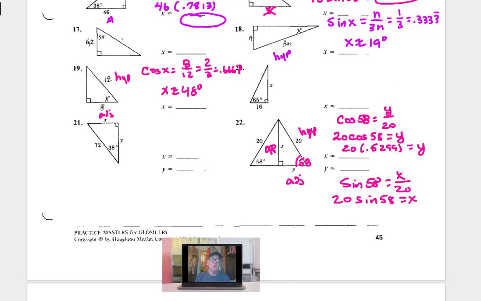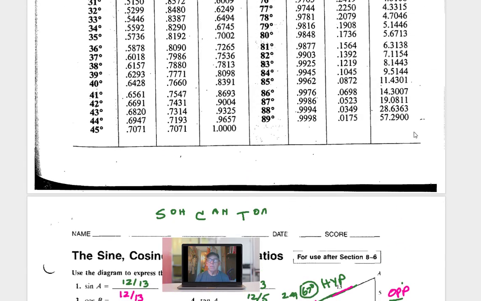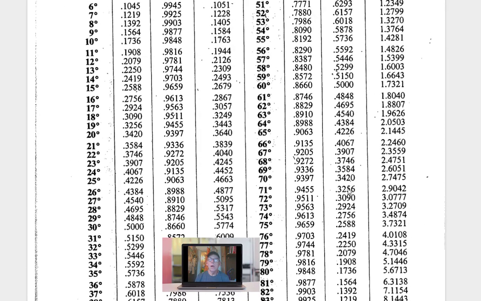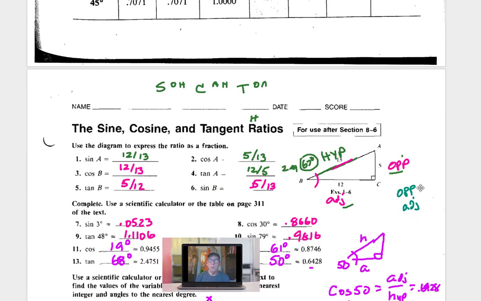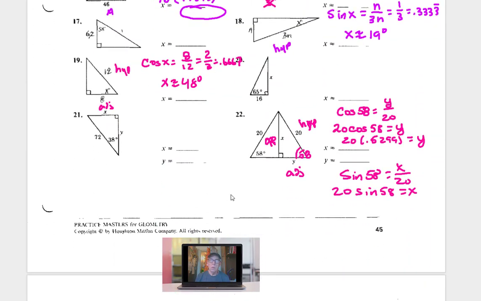And if we go to our table and look it up, looking for sine of 58, sine of 58 is 0.8480. So you have 20 times 0.8480, and whatever that ends up being, that's the value we have for x. So these others, you need to finish up pretty much using the same method on this.